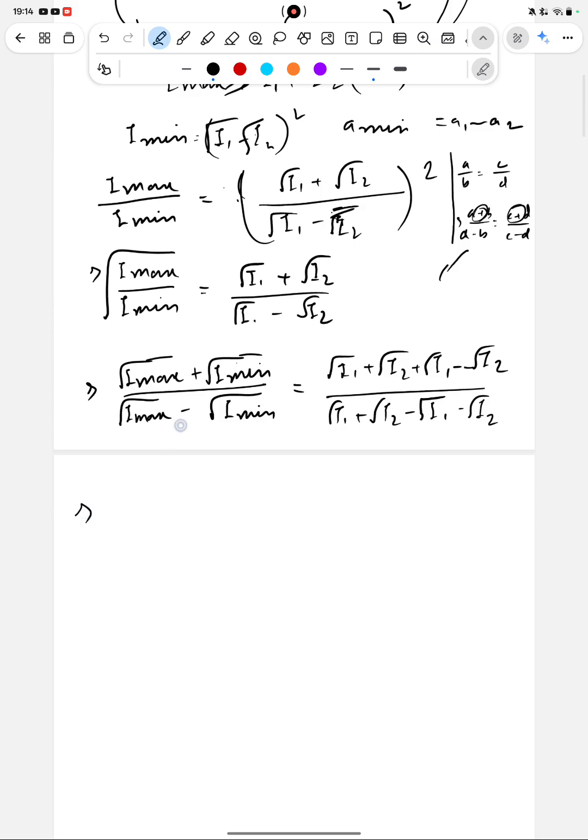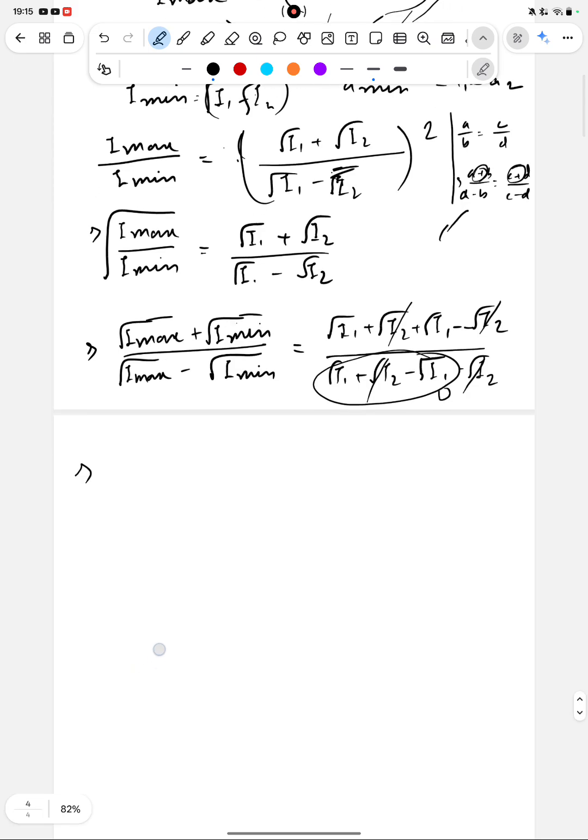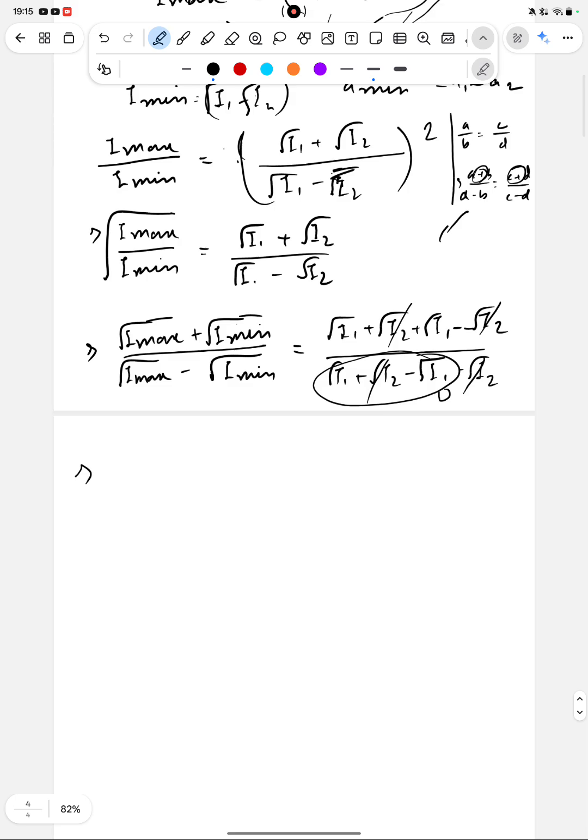So let's just expand. Cancel, cancel, and we got 0 here. This can't possibly be the case. We get plus here, okay. So this gets cancelled. This is present.